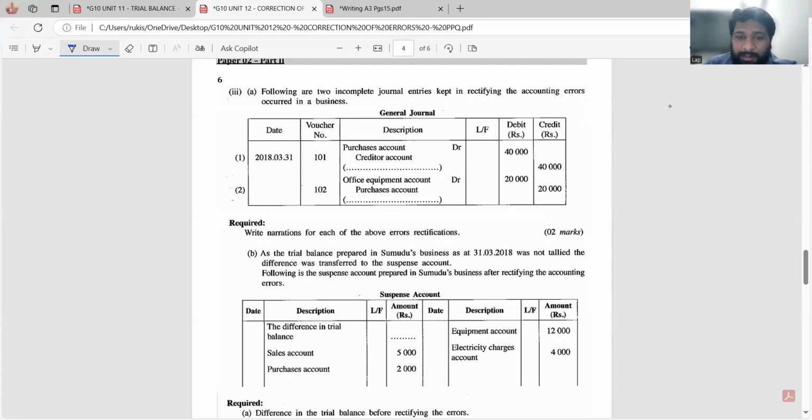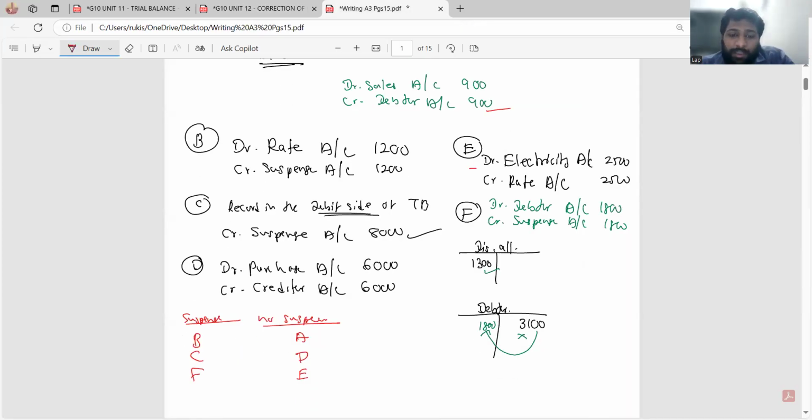So what would have happened? You have probably missed a purchase invoice. That's why you are recording the purchase account debit, creditor account credit. I'll write it over here.